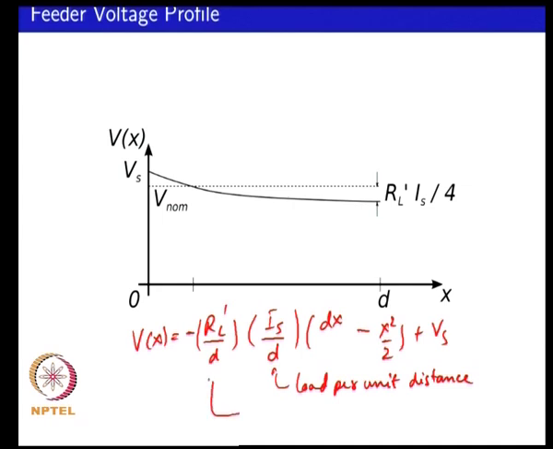And R L prime by d is essentially the effective resistance per unit length, including the terms, considering the power factor term.